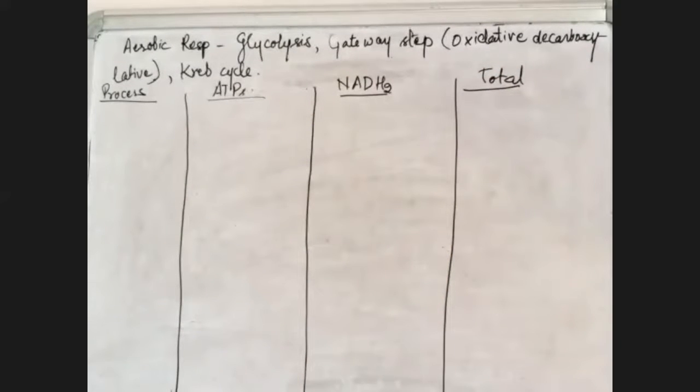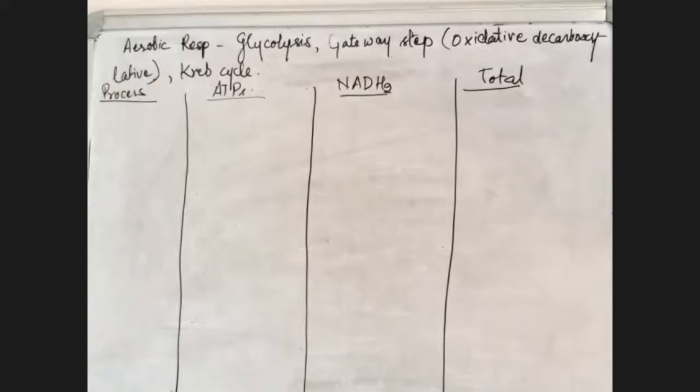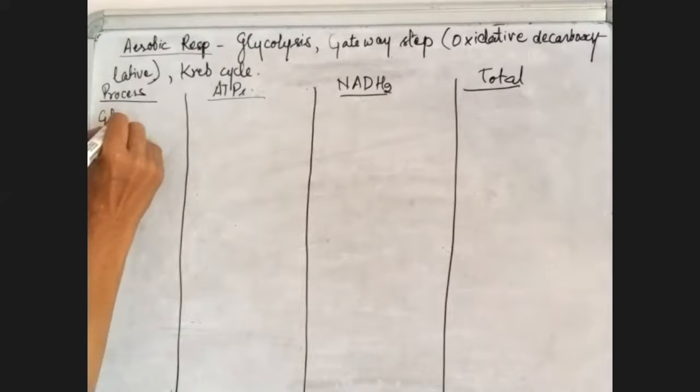Okay, now this way I'll tell you the balance sheet. I told you in aerobic respiration, the first is glycolysis, and glycolysis is a common step for both aerobic and anaerobic respiration. But here we are dealing with aerobic, so we will have to take glycolysis also. So glycolysis first.